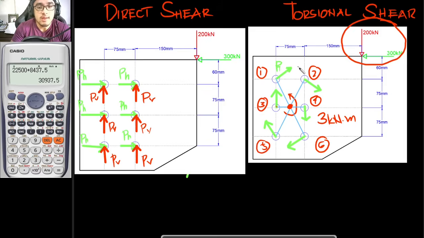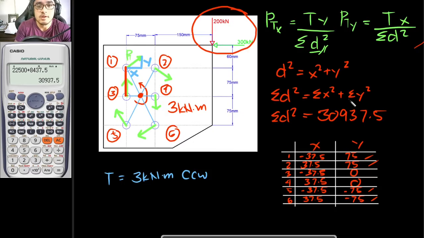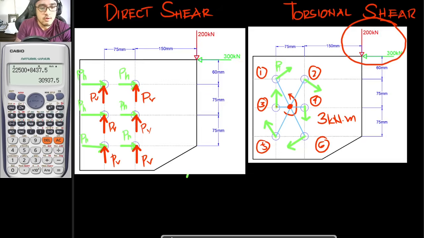And since we already know what the most stressed bolt is, we would just be solving for bolt 1 using this equation right here. So ito, ty over summation of d squared. So sulat ko na lang siya. So for PT1x, this would be the x component of our PT1.